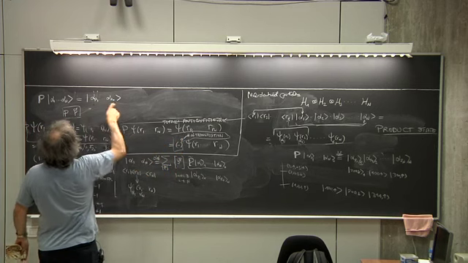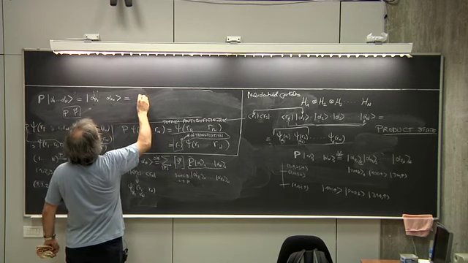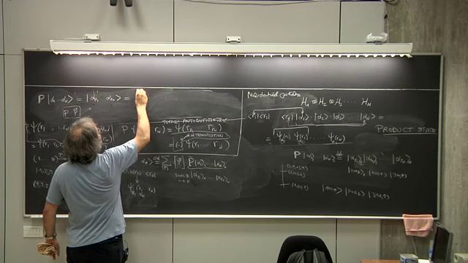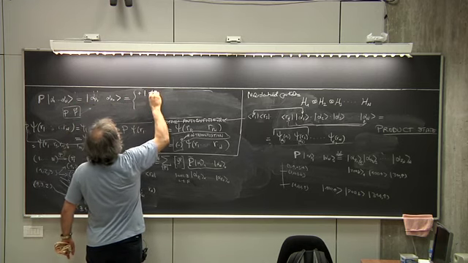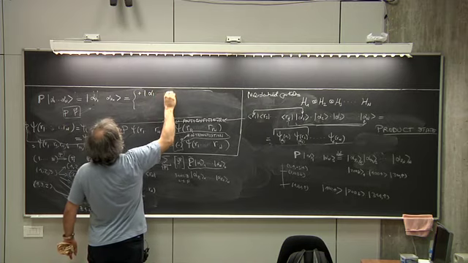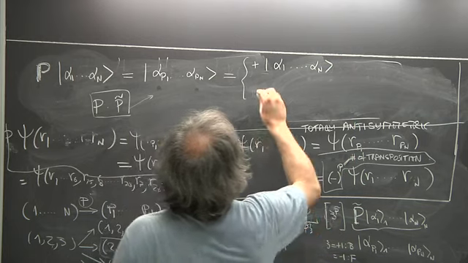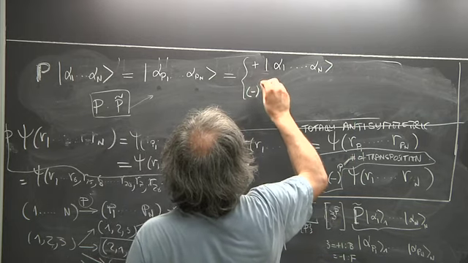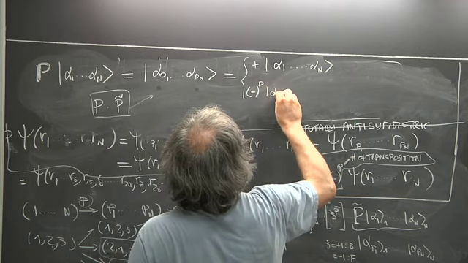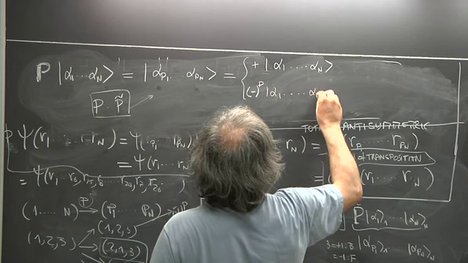In other words, this object here, for bosons, is just equal to plus alpha 1, alpha n, itself. And for fermions, it is minus 1 to the P, alpha 1, alpha n.